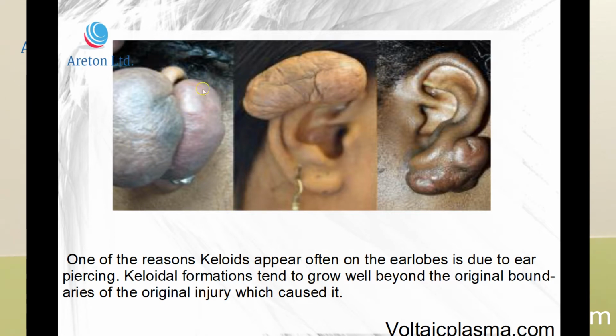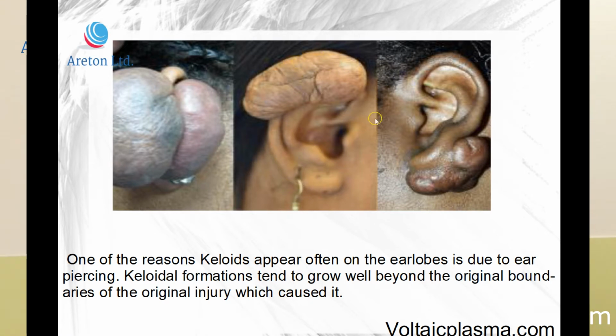Look at this. This is a classic keloidal formation. In the left and middle, we've got cerebriform keloidal formation. On the right is just the classic earlobe keloidal formation. They're actually quite frequent in skin types 4, 5, and 6. And you'll usually find them in the ear because there's ear piercing in there.